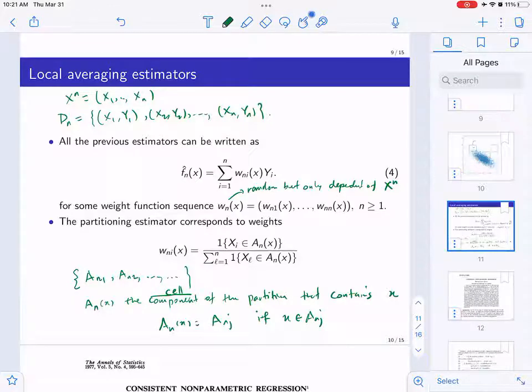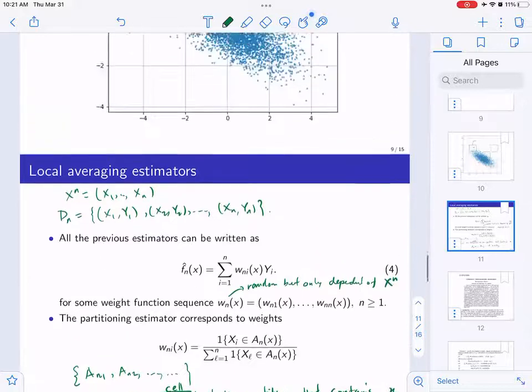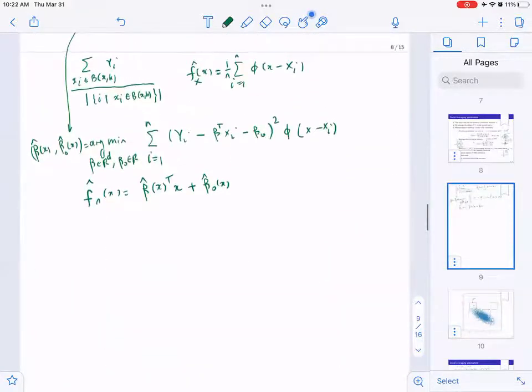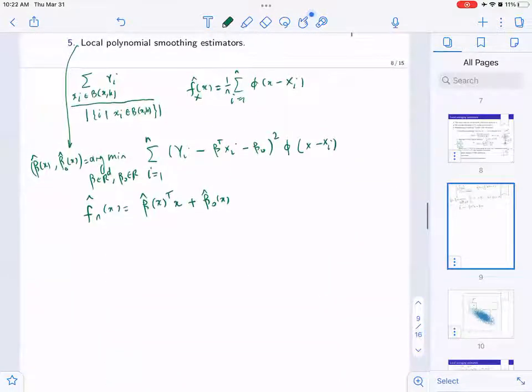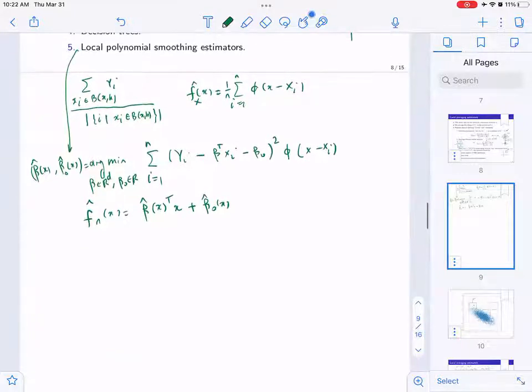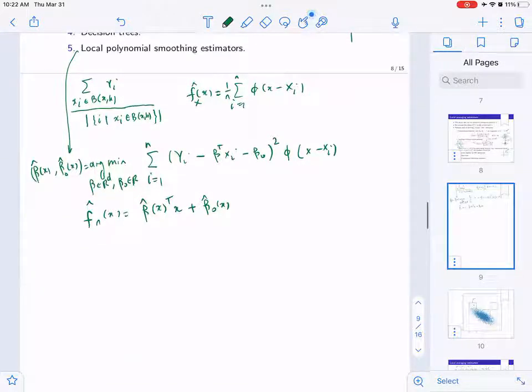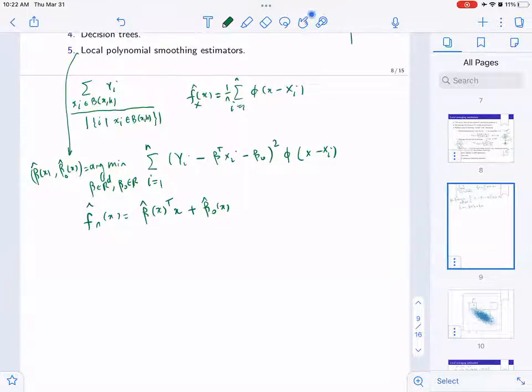And how about local polynomial smoothing? Do you think you would exclude this? I think you would also exclude this one because it takes into account the y values.